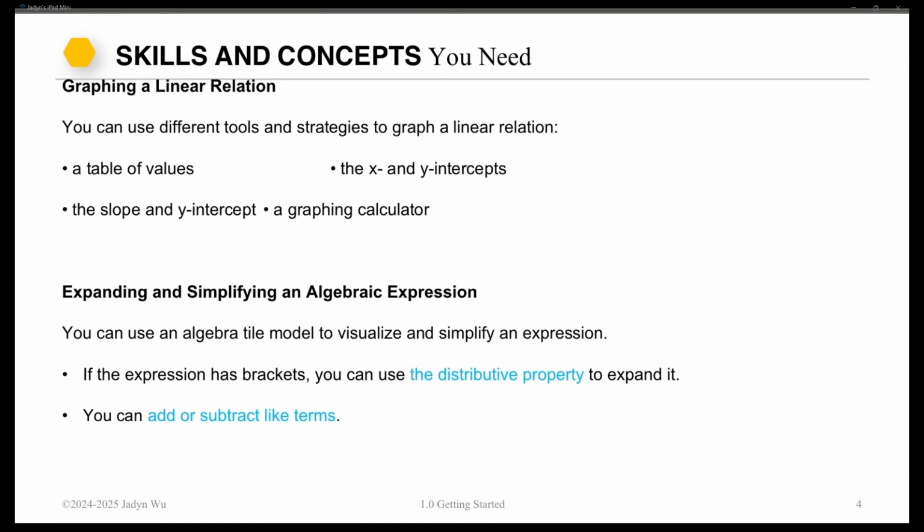So firstly, for chapter 1, the skills and concepts we need to know will be graphing linear relationships and expanding and simplifying algebraic expressions. To graph a linear relationship, we'll basically use 3 or 4 techniques. The first one is finding a table of values and connecting those values by a straight line.